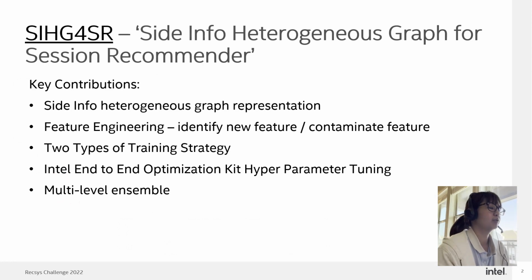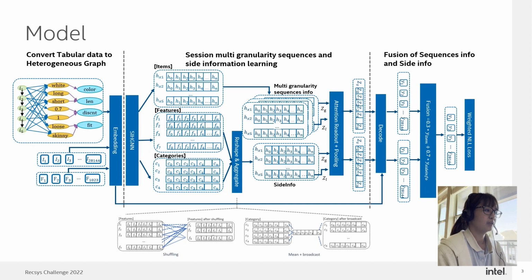For the model, we are simply using a GNN-based model. There are three phases in our model. The first phase is to convert the tabular data to the heterogeneous graph. I think you already know that there are multiple sessions in this data set. Actually, there are 1 million sessions.